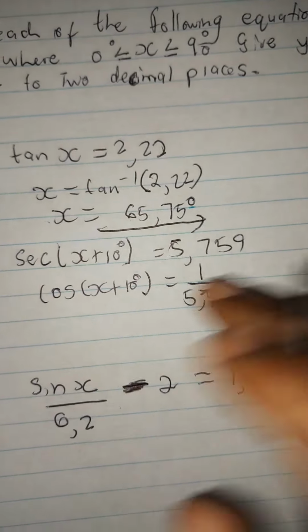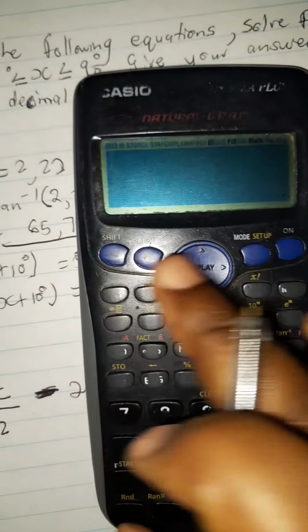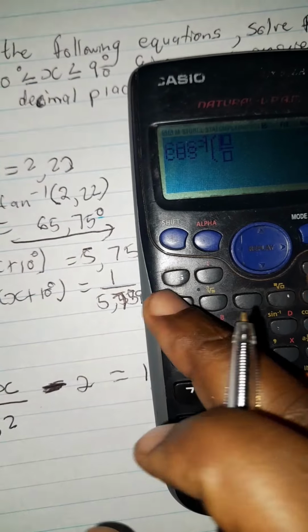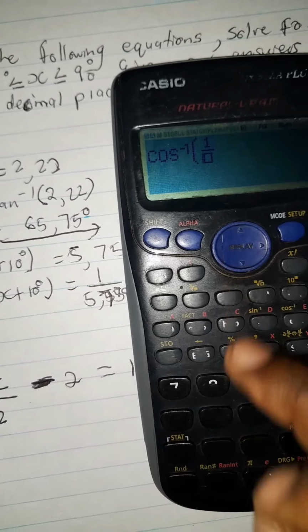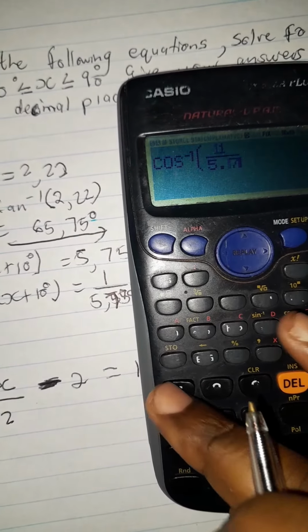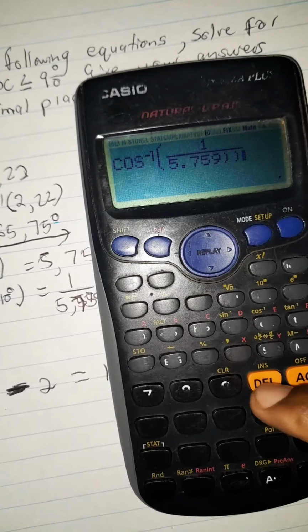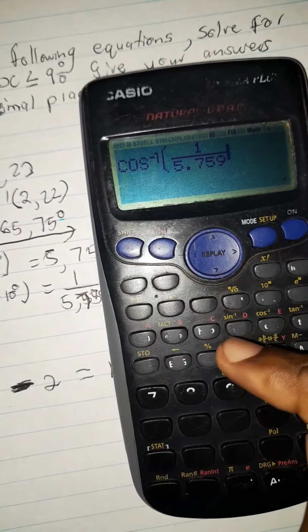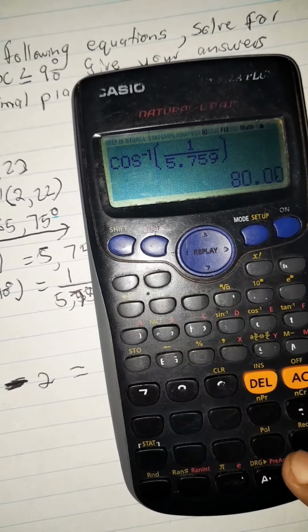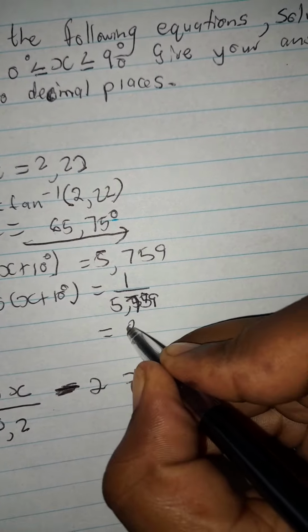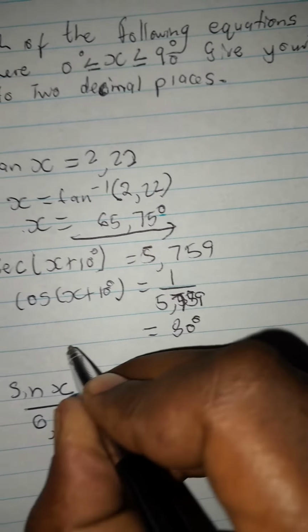So let's find the reference angle of cos there. Second function, 1 all over 5,759, so that we can calculate the angle there. We get 80 degrees.